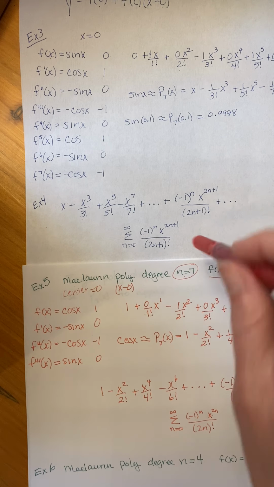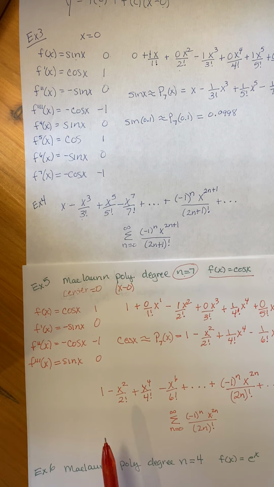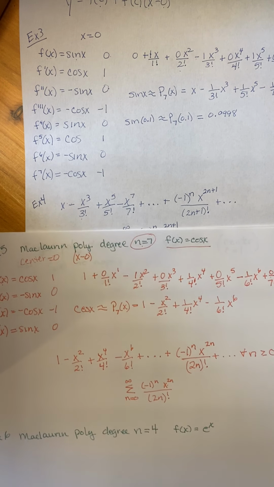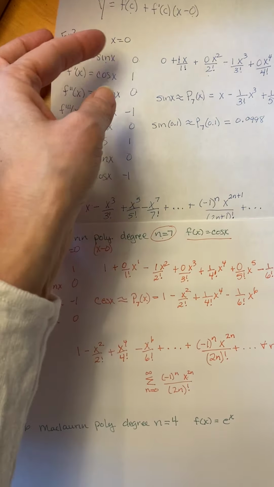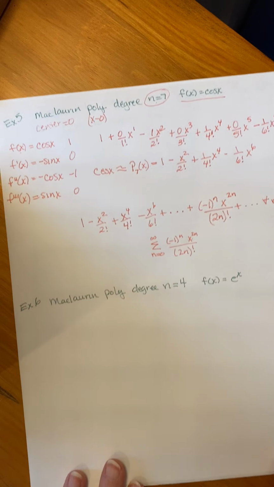Did you know sine was an odd function, and therefore these are odd degree terms, and cosine is an even function, and these are even degree terms? Wow, that's pretty exciting stuff. I hope I got all of that in there and you could see everything. And I'm having so much fun. I'm going to try another one of these.